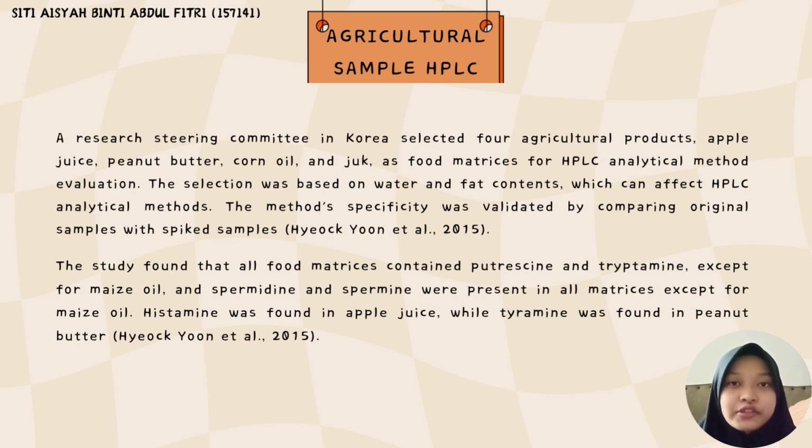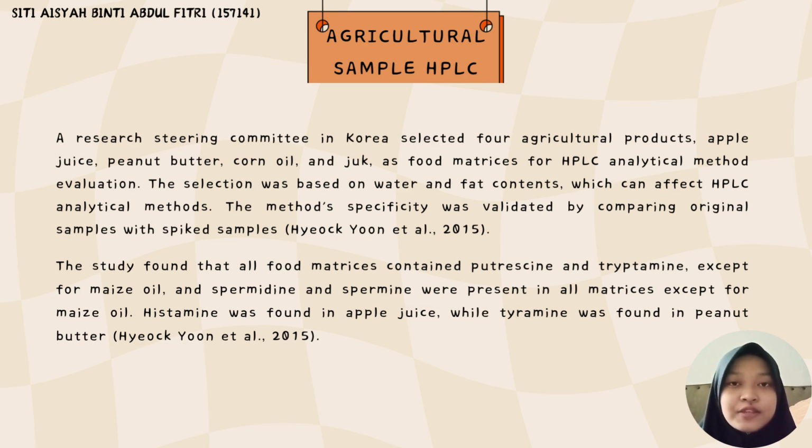A research steering committee in Korea selected 4 agriculture products, which are apple juice, peanut butter, corn oil, and jute, as food matrices for HPLC analytical method evaluation. The selection was based on water and fat content, which can affect HPLC analytical method.